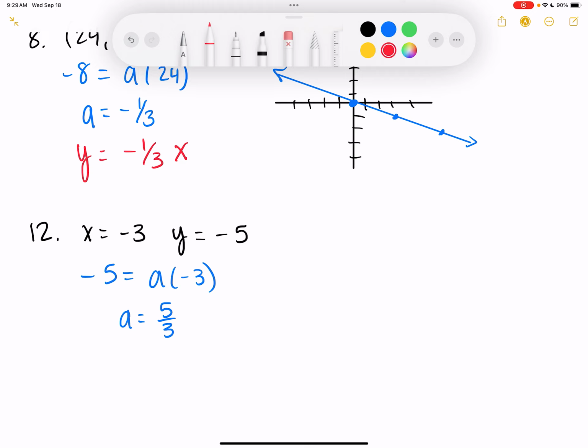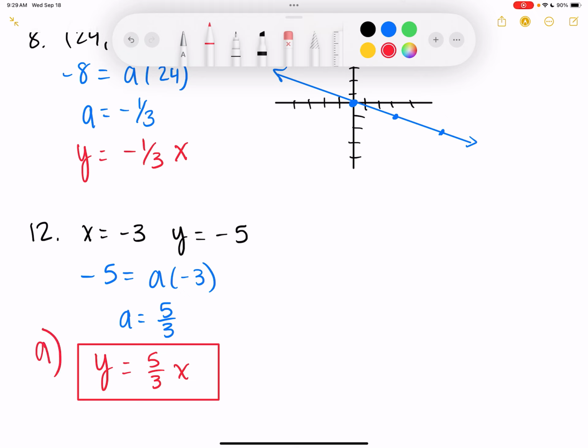So y equals 5/3 times x. That's part A of what they want from us. The next part is they say to find y when x equals 12. So you just plug 12 into this equation.